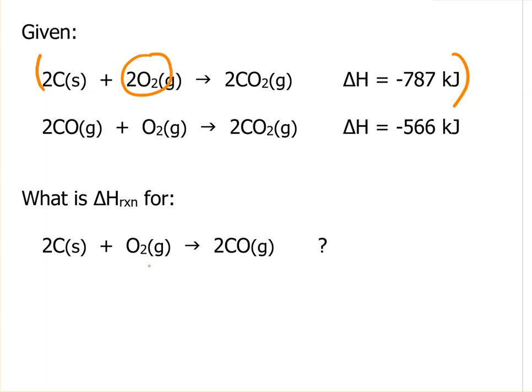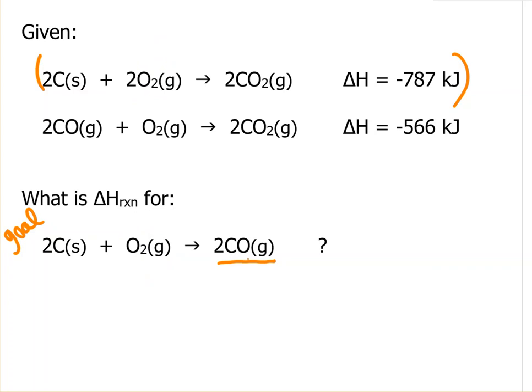I'm going to skip it and use the next thing. So the thing to watch for there, if you see something in your goal reaction that is in more than one place up here, then don't use it as your clue for what to do.